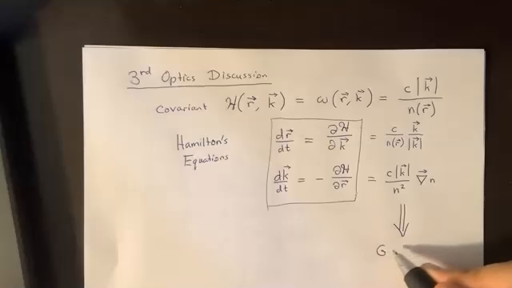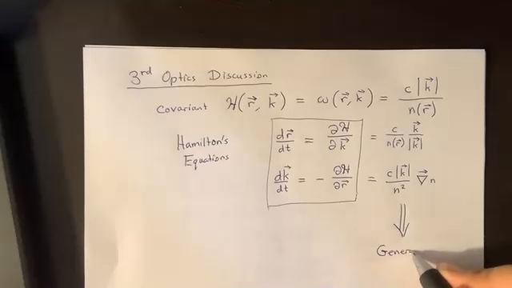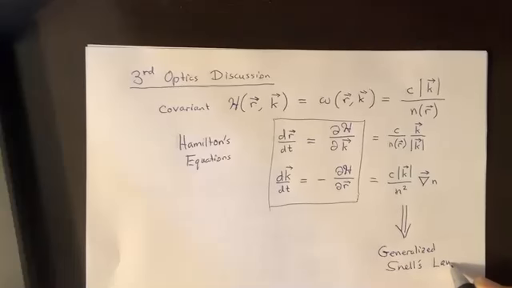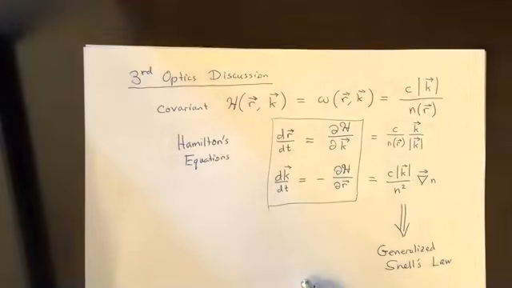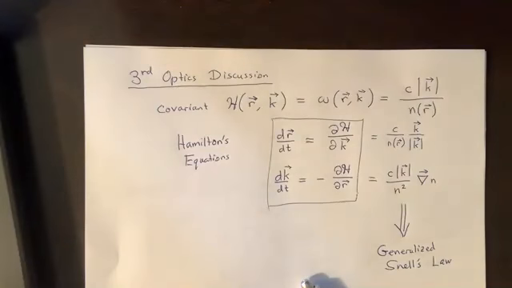You get the generalized Snell's law. I will post the lecture notes. You can read about this in the lecture notes. It gets a little bit messy, but the point is we can set up a Hamiltonian formulation for the optics.